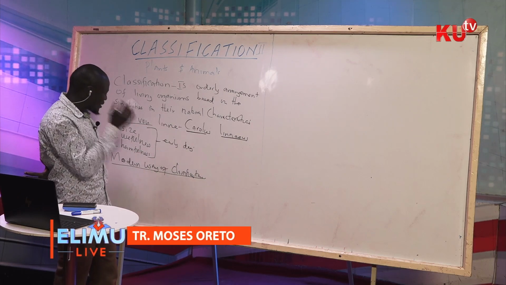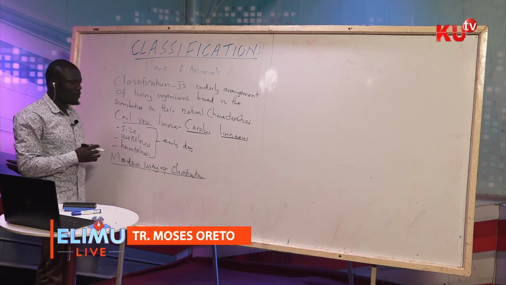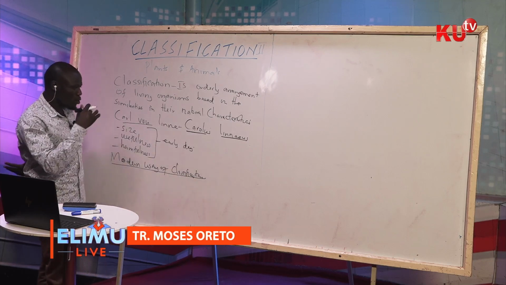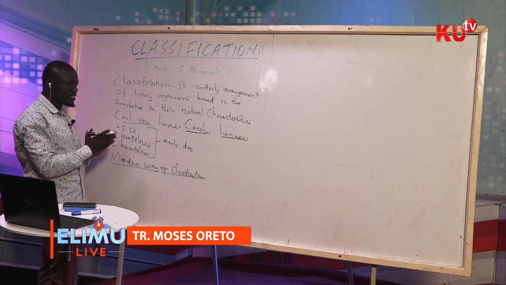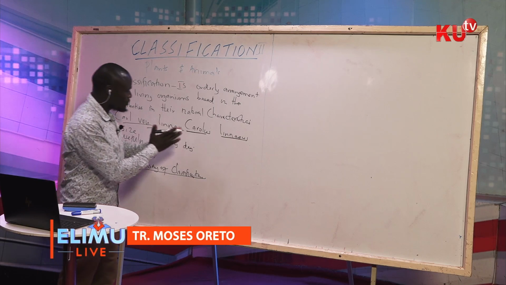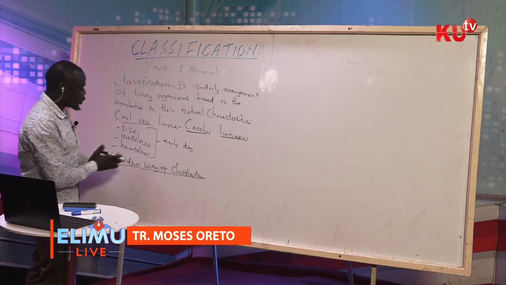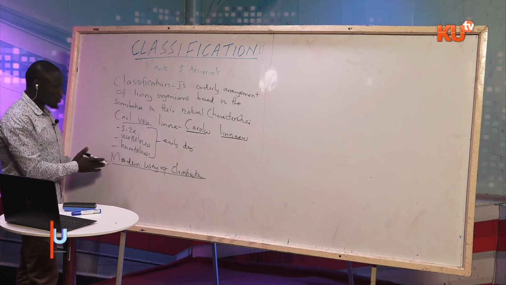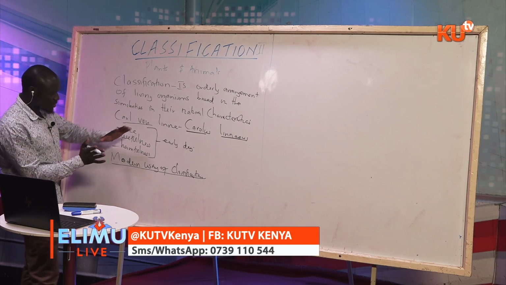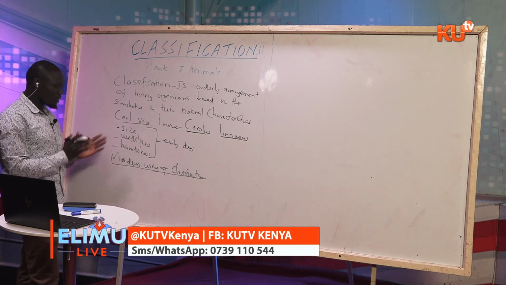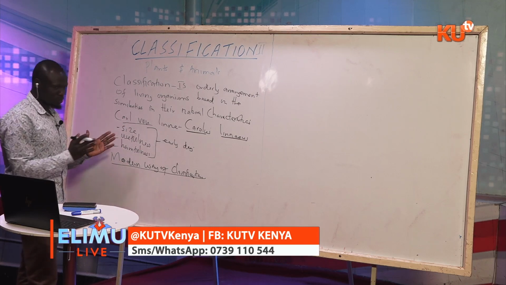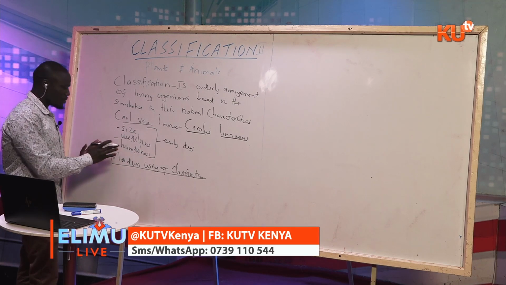These are the things that Carolus Linnaeus was basing his argument on, whereby he studied the features of living organisms rather than the relationship between the organisms and man. Based on the features he was looking at, he came up with what we call the groups in which these organisms can be placed.